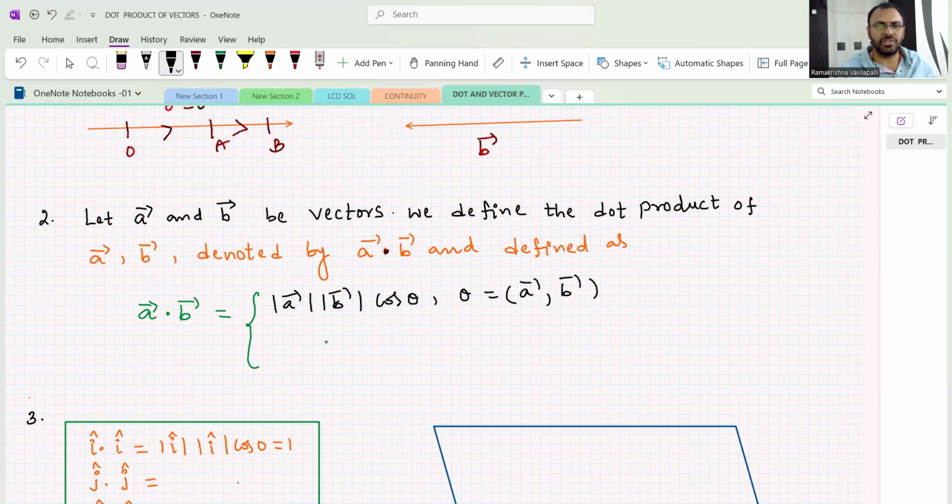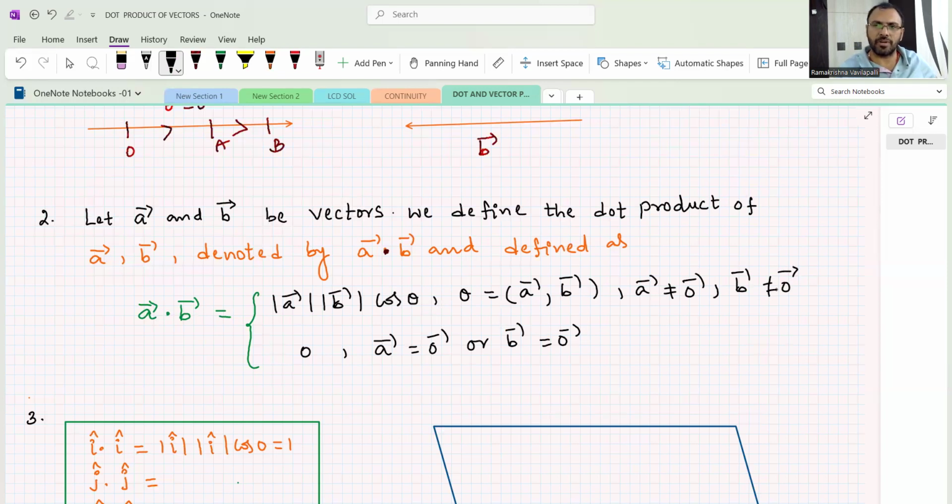And we define it as zero if at least one of A bar, B bar is a null vector. Here A bar equal to 0 bar or B bar equal to 0 bar. Here we assume that A bar is not equal to 0 bar and B bar is not equal to 0 bar.